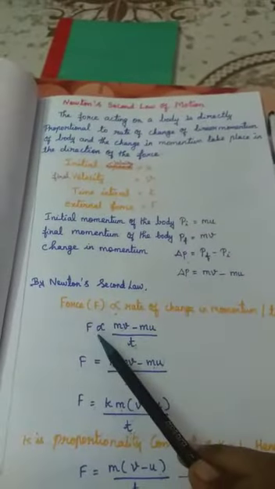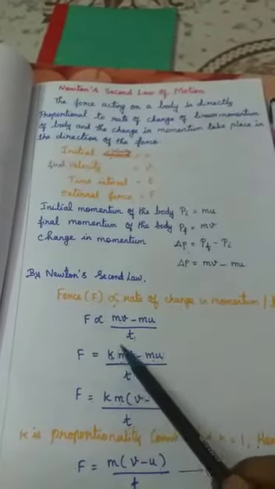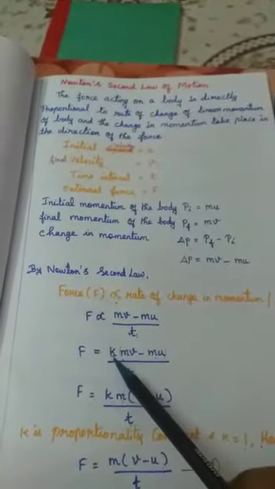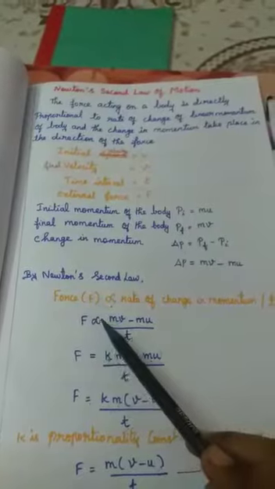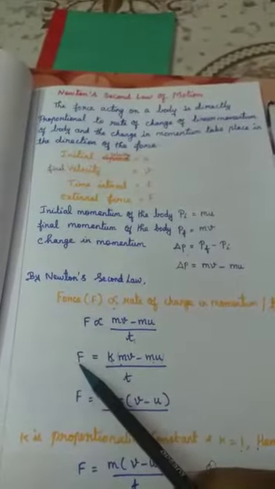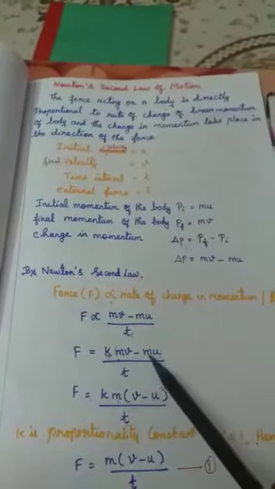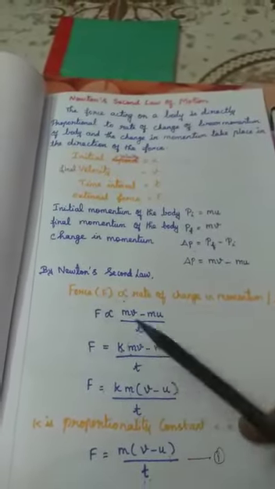To remove the proportionality symbol, we can add a constant. Here we add k as a constant. Now we replace the proportionality symbol with an equal symbol. Now we get F is equal to k into mv minus mu by t.